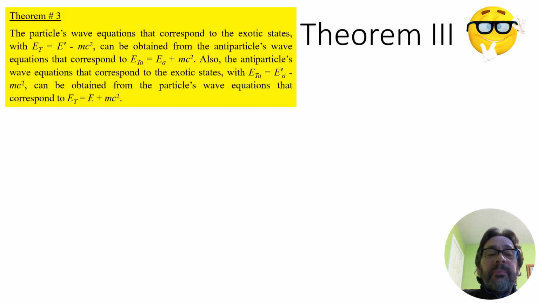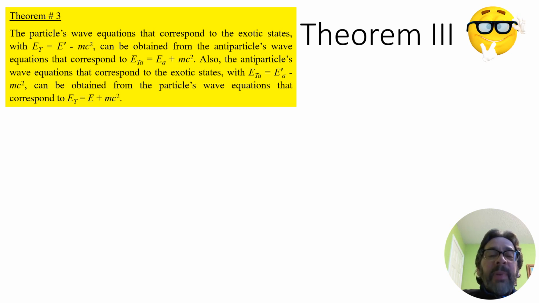Theorem 3. The particle wave equation that corresponds to the exotic state with energy E prime minus mc2 can be obtained from the antiparticle wave equation that corresponds to E sub A plus mc2.